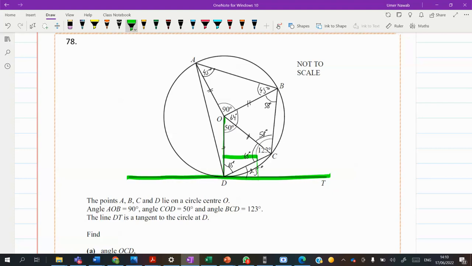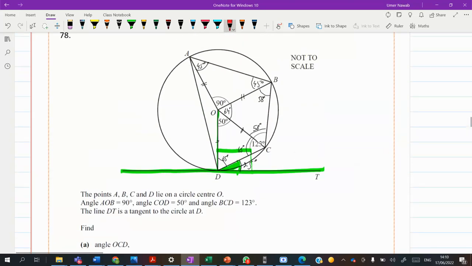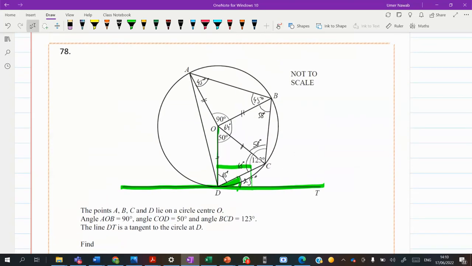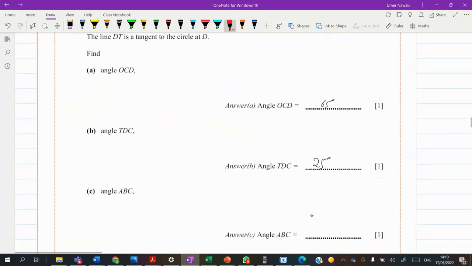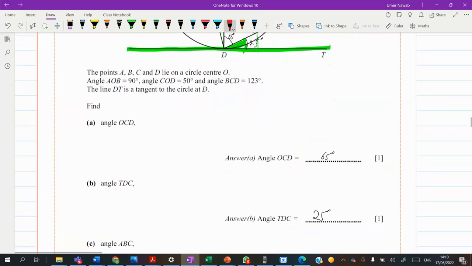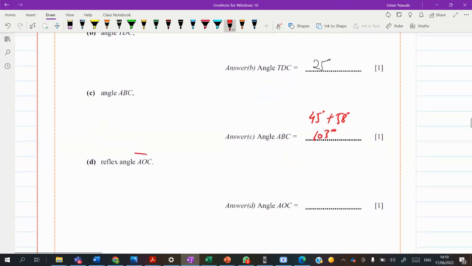They make 90 degrees. So from 90 degrees you subtract 65, it gives you 25. So ABC, we want this angle. 45 plus 58 will give you 103.